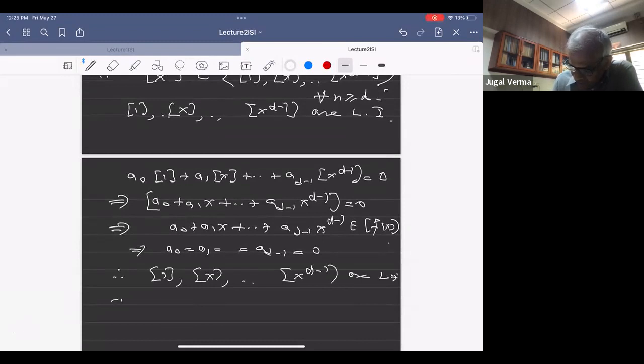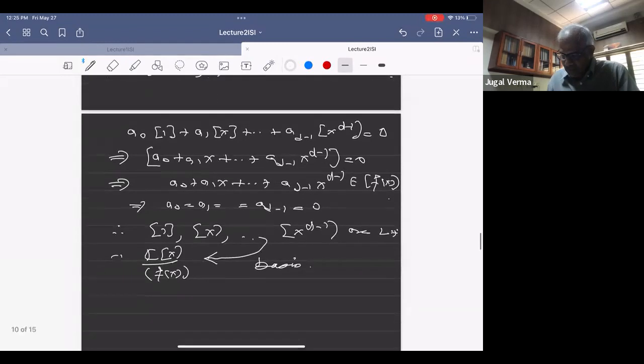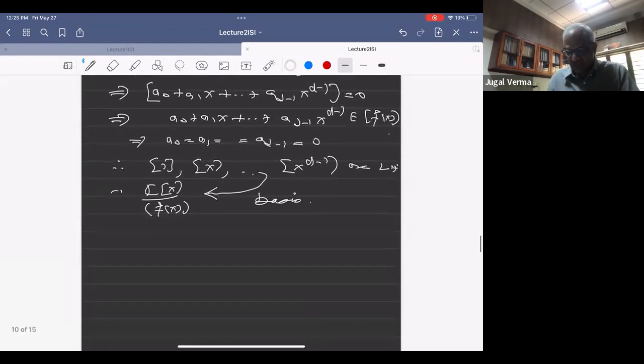And therefore, C[x] over the ideal generated by f(x), a degree d polynomial, this is a vector space, and this is a basis of this vector space. So it's a d-dimensional vector space. I know a basis.